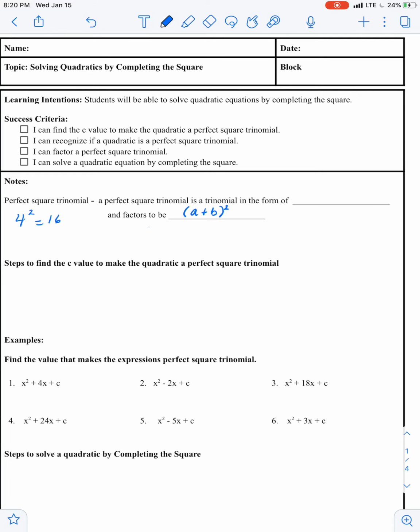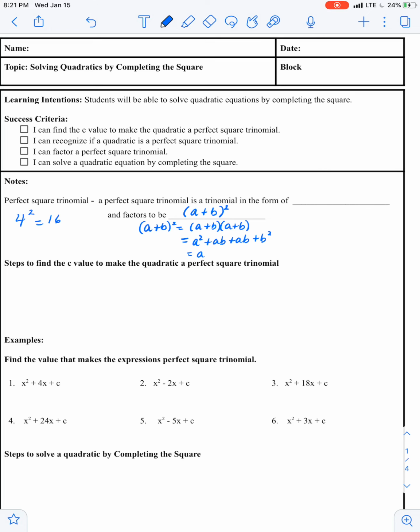So if I take a plus b squared, then what I need to do is always break it apart into its 2, a plus b and a plus b. And then I'm going to run FOIL on it, which is a squared as first, outside, then your inside is also ab, your last is b squared.